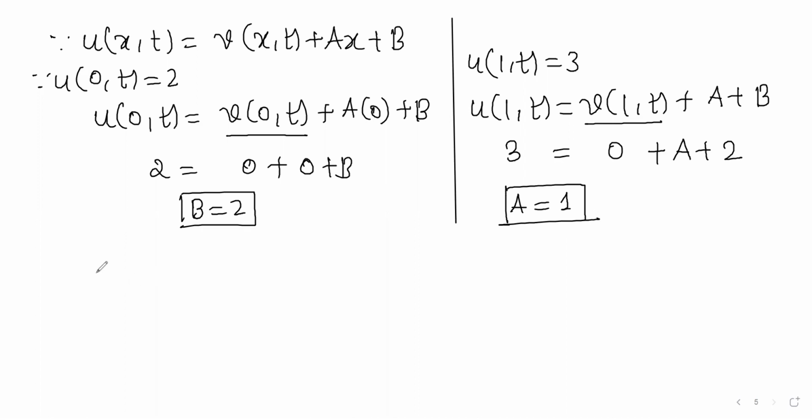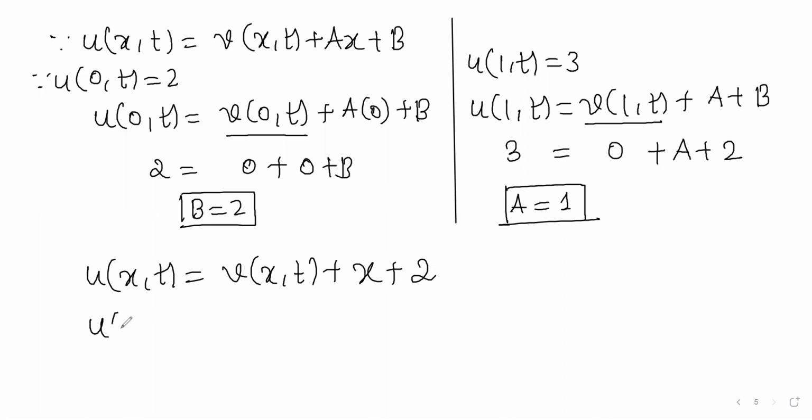So we now have the equation u of x,t equal to v of x,t plus a, which is 1, so x, plus b, which is 2. Our goal is to find this v. I need u of x comma 0, which will give me v of x comma 0 plus x plus 2.